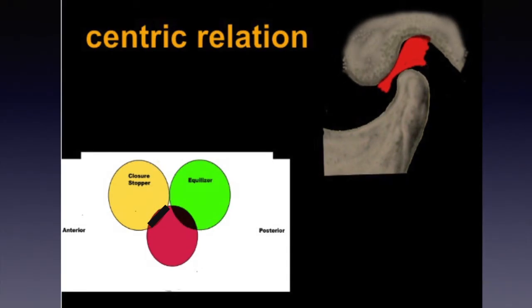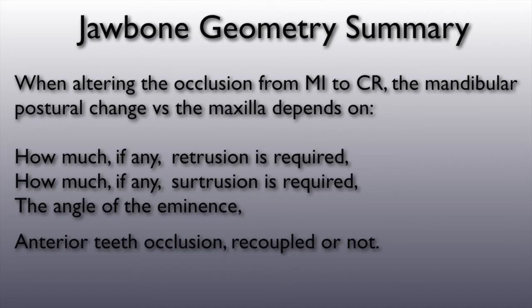So these are the components of jawbone geometry when one chooses to alter the occlusion in order to move the occlusal contacts from those in maximum intercuspation to whatever they must be to achieve centric relation.